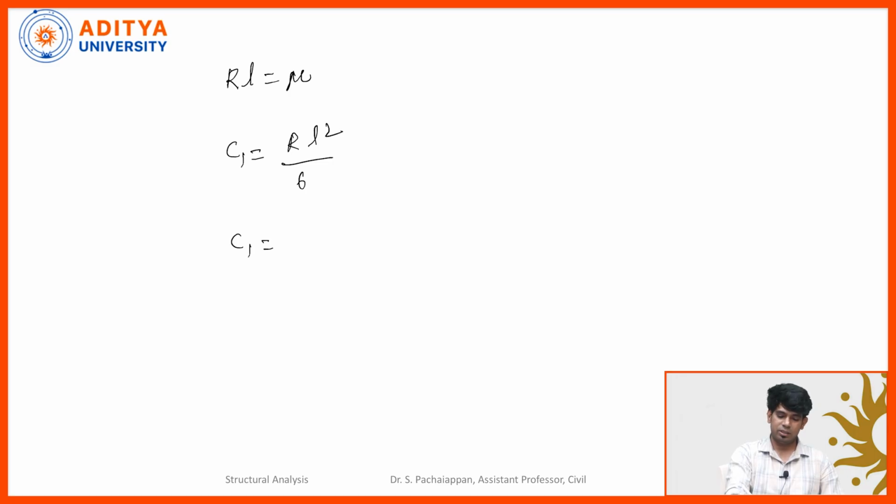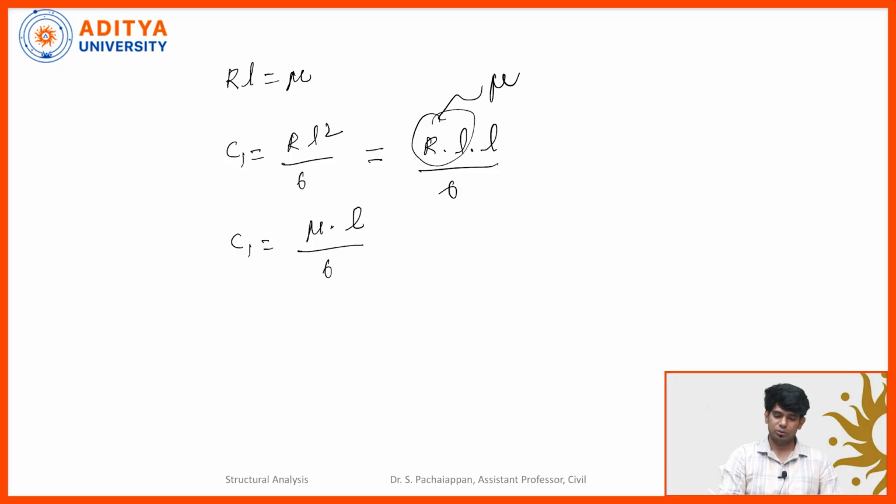So C1 is equal to mu multiplied by L by 6. So you need to rewrite like this: R into L multiplied by L by 6. Instead of RL, I am going to substitute the value mu, so that it will become mu L by 6. So this is the value of C1, and then we substitute the C1 value in the slope equation.